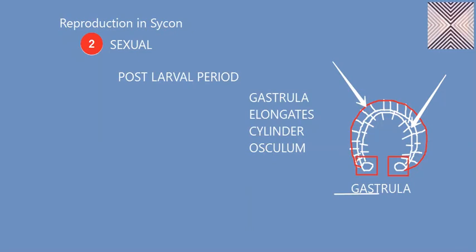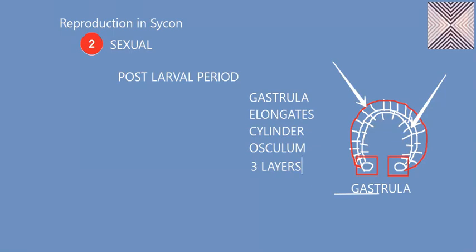Because these are flagellated, they are forming the choanoderm. This is the innermost layer, and the mesoglia will be formed later on in between these two layers. So at last we have developed the 3-layer system which is present in the Sycon.